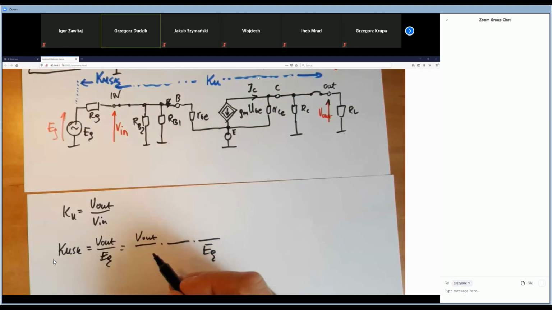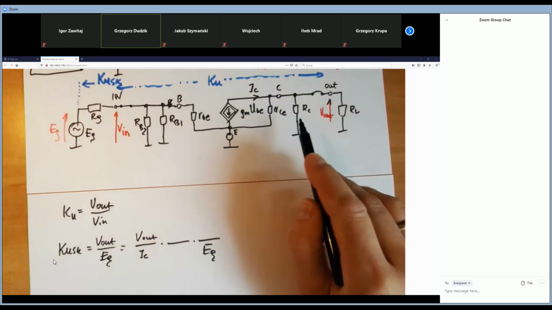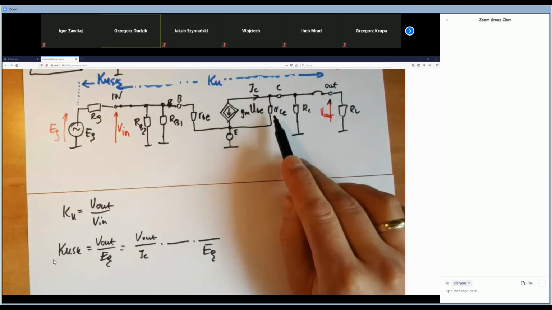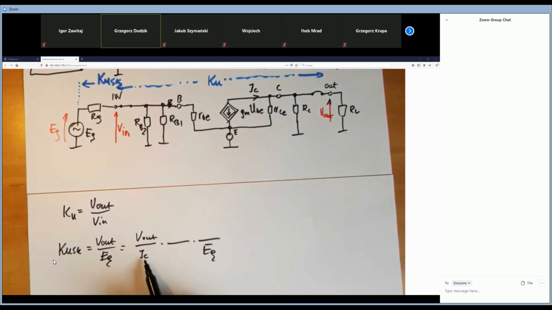Let's divide it by the IC here. Why? Because it is possible to find them, because we know that it's a parallel connection between the resistances. If we divide it by IC, we have to multiply it by IC, because then it can be reduced, so we can change the beginning formula.